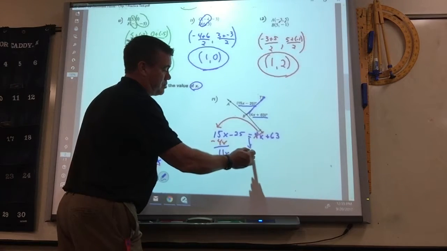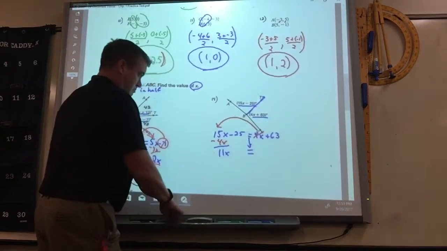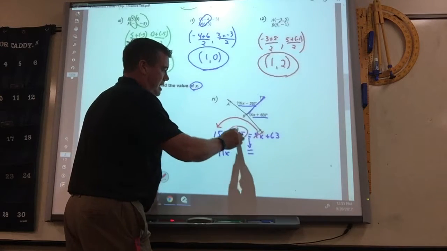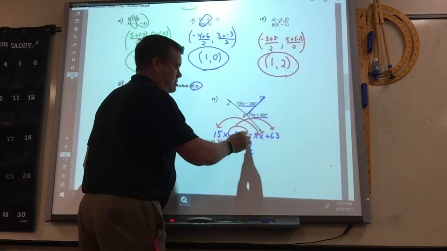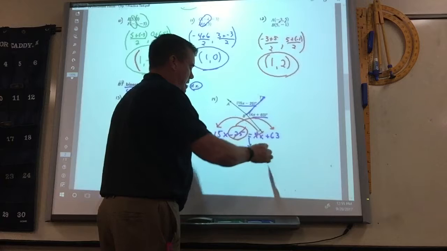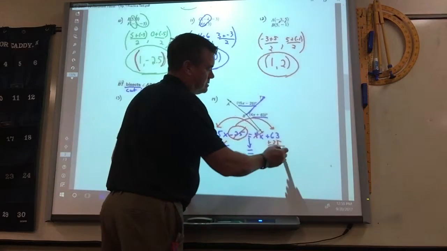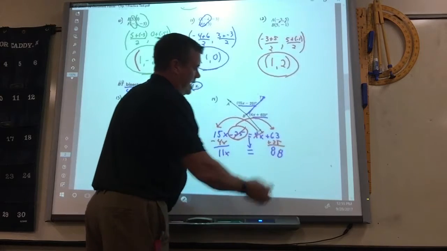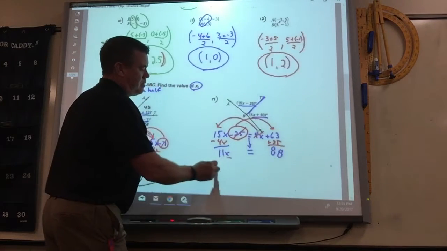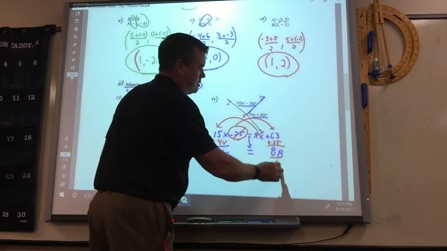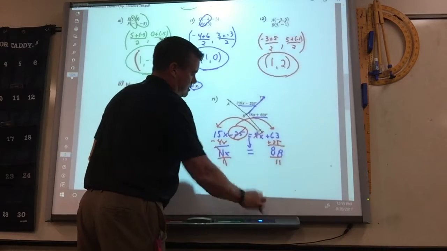Remember, the equal sign goes straight down. Bring the non-x's to the other side. It's a minus, so I'd do the opposite because you're going to the opposite side. You'd add 25. 88. So then I would divide by 11, and you get 8.